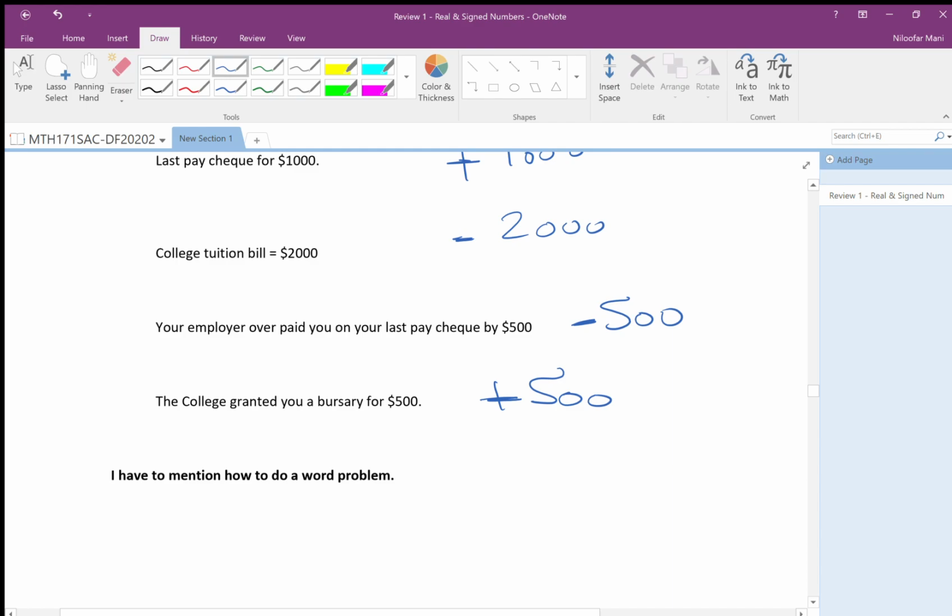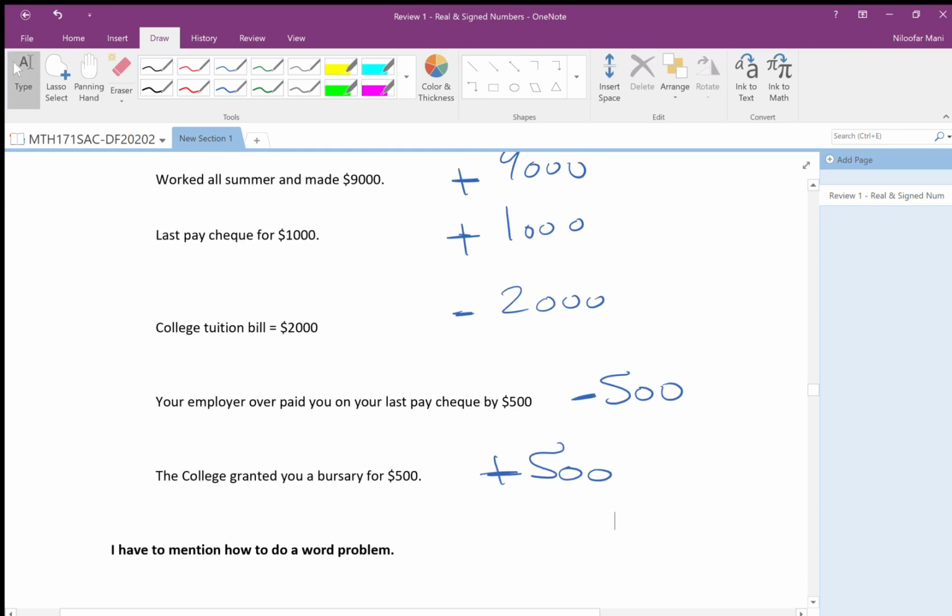Then you just find the answer. It asks, what is the account balance? The account balance is 9,000. So I can show it here: 9,000 plus 1,000 is 10,000. Minus 2,000 is 8,000.